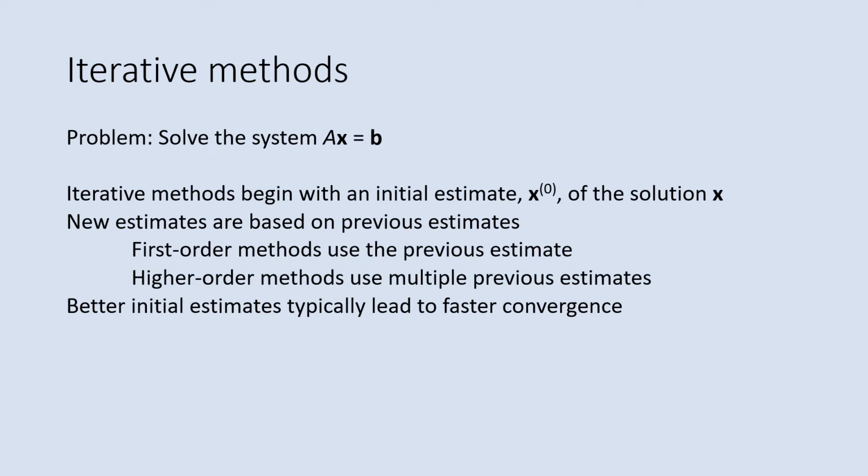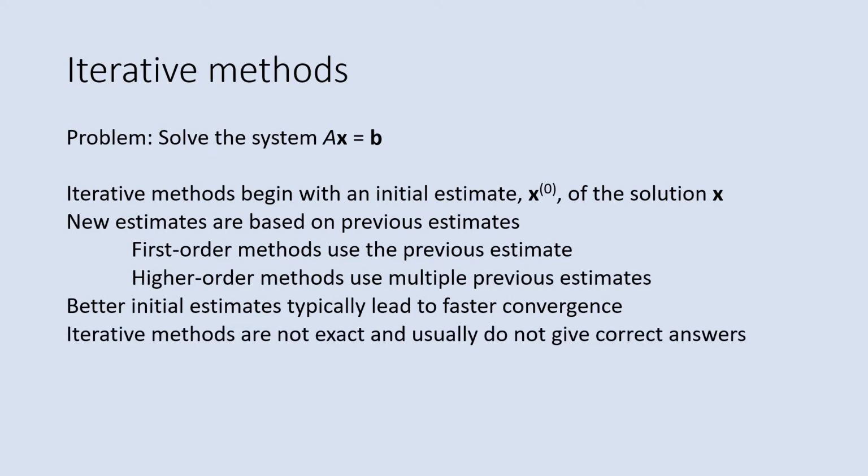There are situations where iterative methods, even having a better initial estimate than some other situation, have some strange characteristics and will lead you away from the correct answer. So with iterative methods, there's not always a guarantee that you're going to get to a correct answer.